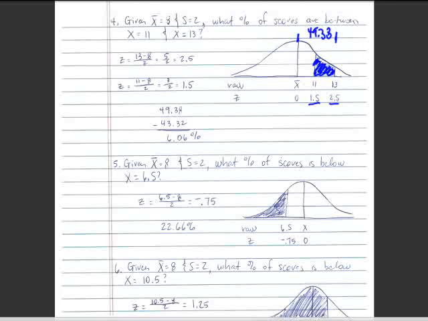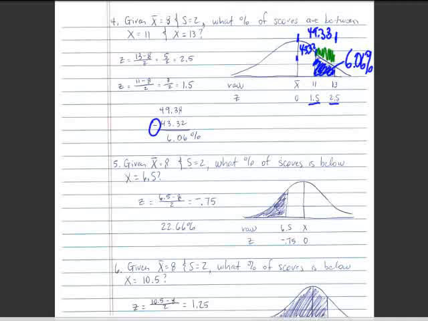And between the mean and z of 1.5, I'm going to run out of room here to write this, is 43.32%. The area that is shaded is what I'm looking for. So mathematically, I take the difference in those two scores. I subtract: 49.38 minus 43.32 shows that 6.06% of the scores are in that area.